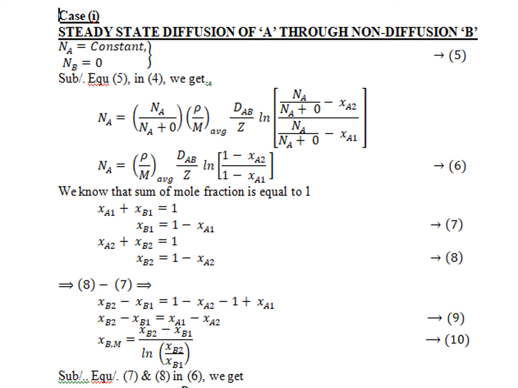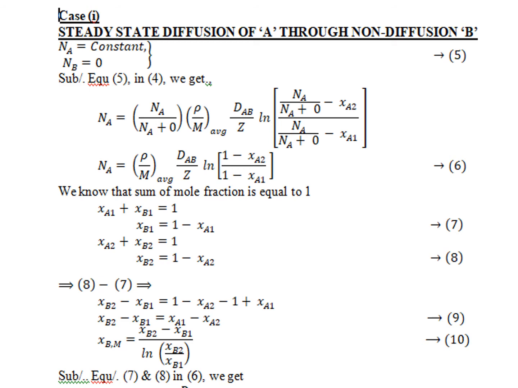Now we are going to discuss case 1, steady state diffusion of capital A through non-diffusing capital B. Here, in several important processes, one component in a gaseous mixture will be transported relative to a fixed plane. What is the fixed plane? That is called the liquid interface. I will discuss one example. I already said an example of stagnant diffusion is gas absorption.